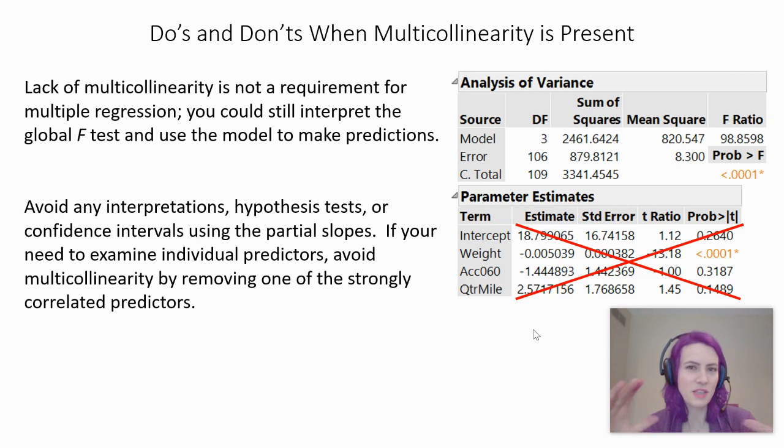But that's where you would stop. You could describe the fit with R square and root mean square error, but you wouldn't want to estimate the partial slopes formally with a confidence interval, and you can't even really trust these t-tests either. So when it comes to parsing out the contribution of acceleration versus the contribution of quarter mile, we just can't untangle them because they're so strongly related.